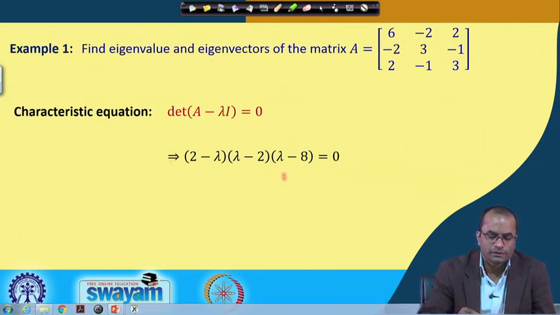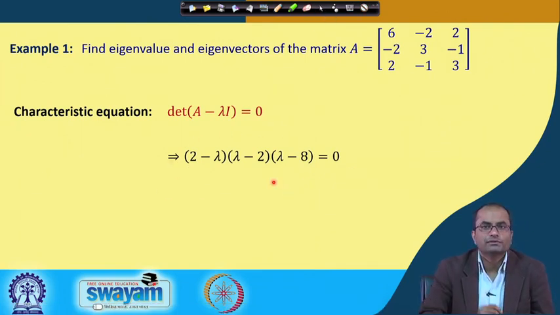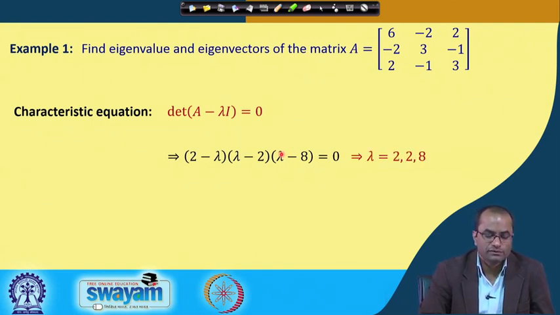So, the characteristic equation of this matrix is 2 minus lambda, lambda minus 2 and lambda minus 8 equal to 0. What we observe now is that there are two distinct eigenvalues and one is repeated 2 times. That means the lambdas are 2, 2 and 8. So, this eigenvalue 2 is repeated 2 times and 8 is repeated once, and exactly that is what we have discussed about the algebraic multiplicity.